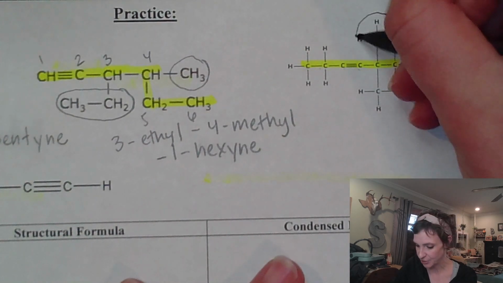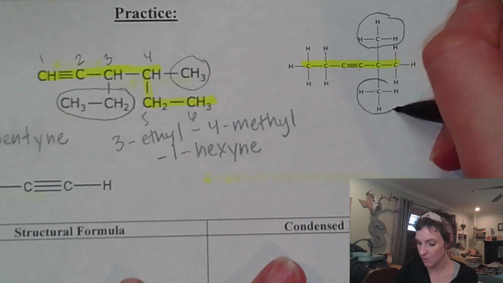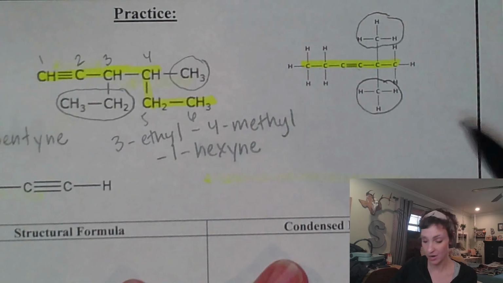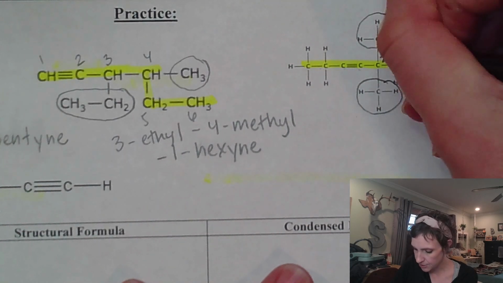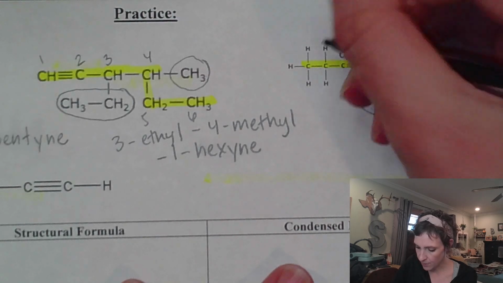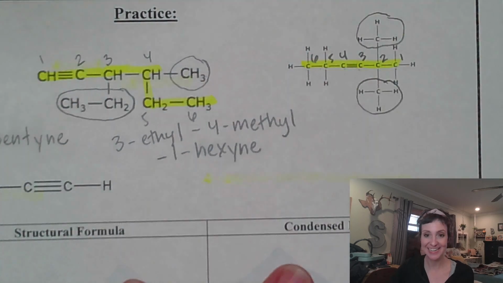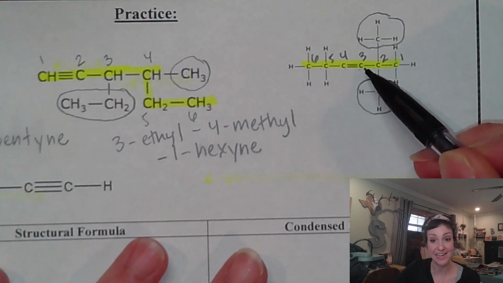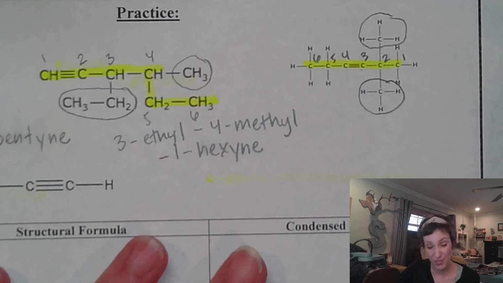And I do have 2 branch groups. And the end of the molecule that they are closest to is this end. So this is going to be my carbon number 1. 1, 2, 3, 4, 5, 6. So it is a 6-carbon triple bond hydrocarbon. It is another hexyne. Okay, and the triple bond is coming off of the 3rd carbon.